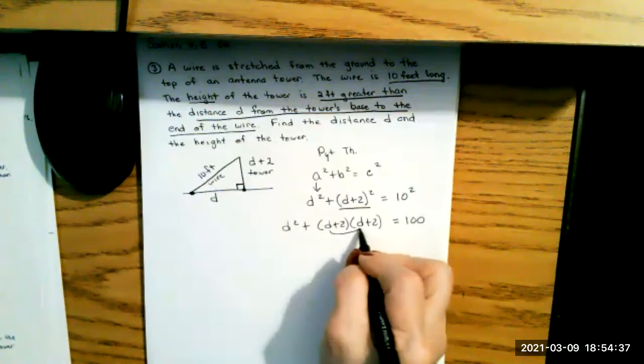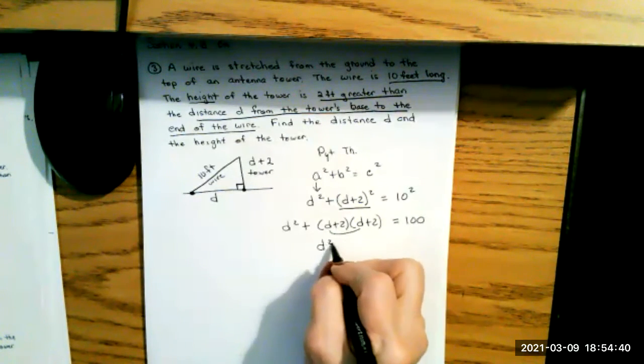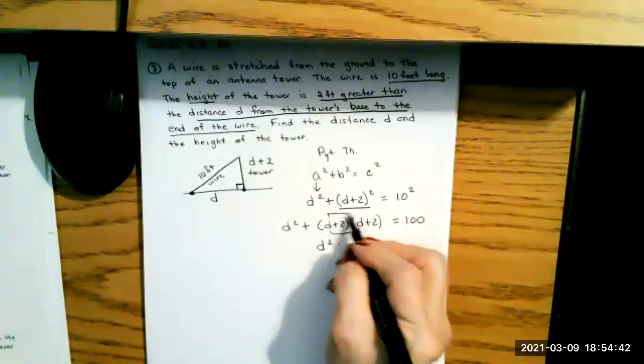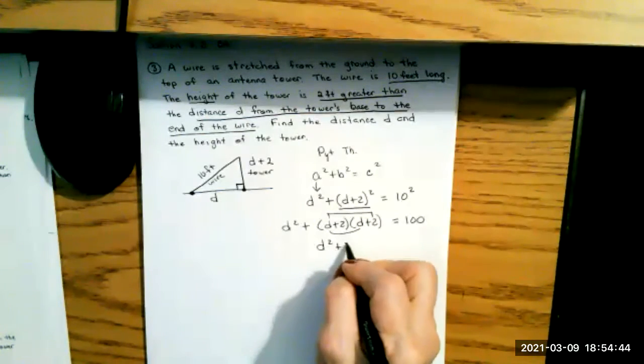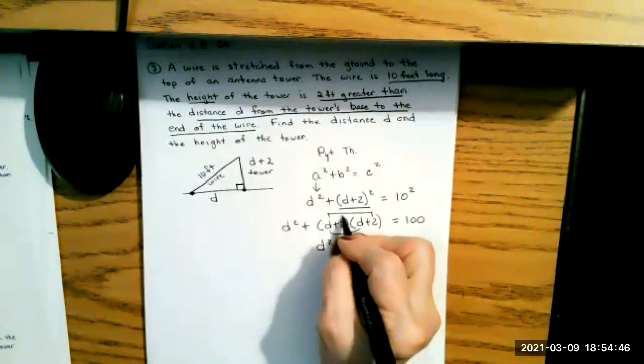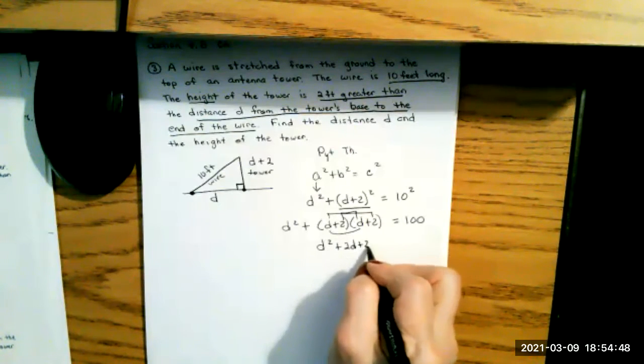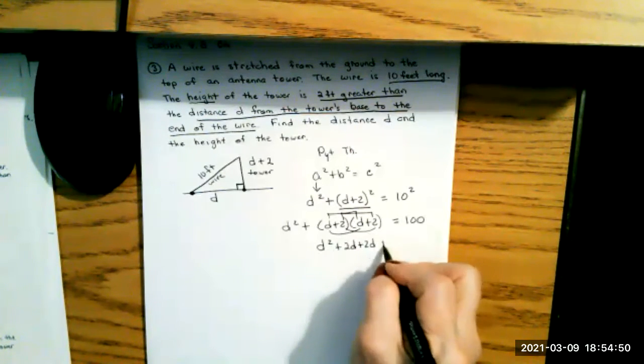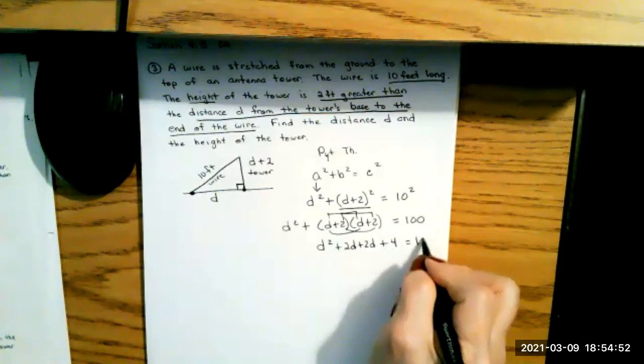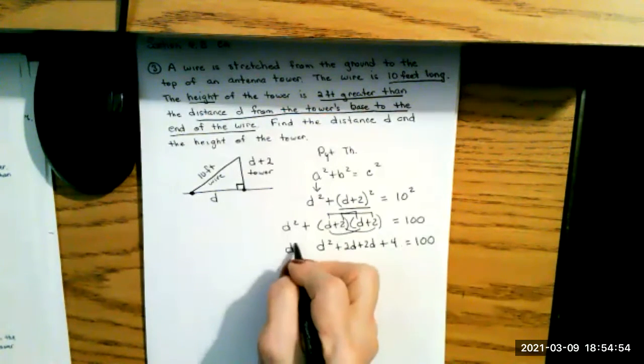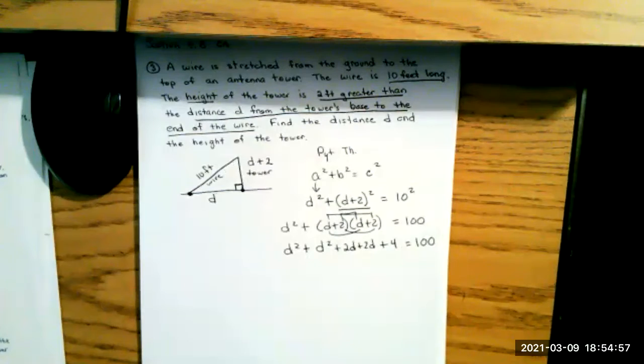Okay, I'm going to multiply D times D, which is D squared. Outside is 2D. Inside is 2D. And last is 4. So I have D squared plus D squared plus 2D plus 2D plus 4 equals 100.